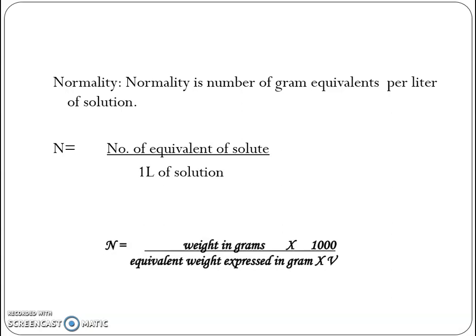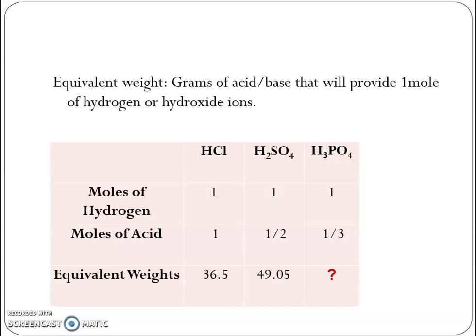So to understand normality, we first of all need to know equivalent weight. So let us see what is equivalent weight. It is the gram of acid or base that will provide 1 mole of hydrogen or hydroxide ions. Now here you can see some acids like HCl, H2SO4, that is sulfuric acid, H3PO4, that is phosphoric acid.